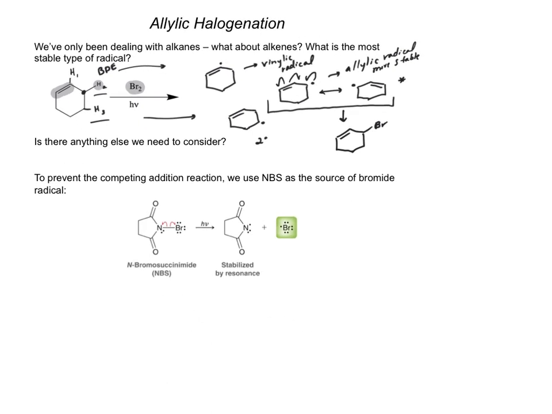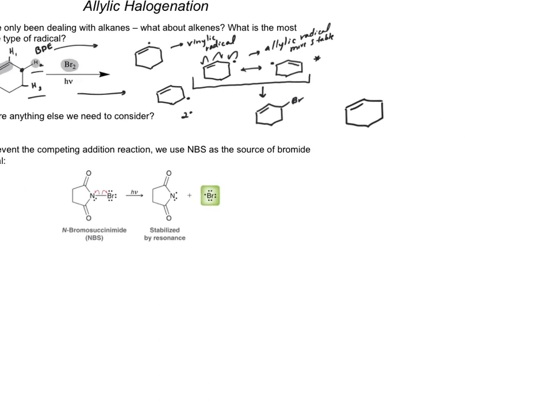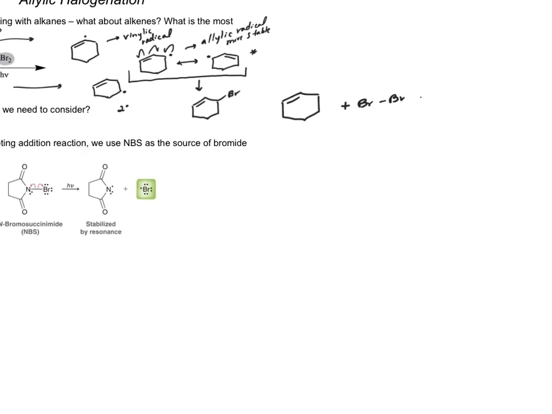So when we went over the addition reactions, anytime we had an alkene, let me go ahead and redraw this, anytime we had a carbon-carbon double bond in the presence of molecular bromine, we would undergo an addition reaction, right? That went through the bromonium intermediate, and the product that we would get would be that dihalide product, right?